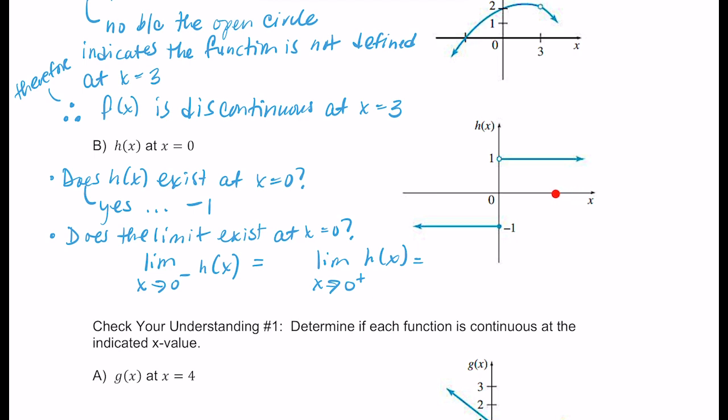And as I approach 0 from the right, I have to look at this piece of the function because that's on the right side. My h of x would equal 1. So this is -1 and that's 1. Now, if you recall from one of our previous lessons, the one-sided limits exist, but they're not equal. So therefore, the limit does not exist, which means that this is discontinuous.